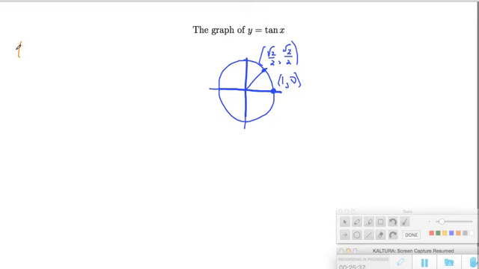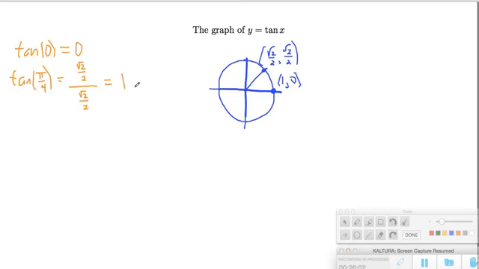Recall that we already calculated that tangent of 0 is just 0. And now we're seeing tangent of pi over 4. Well, notice that it's going to be sine over cosine, which is square root of 2 over 2 over square root of 2 over 2, which is just going to give us a value of 1.